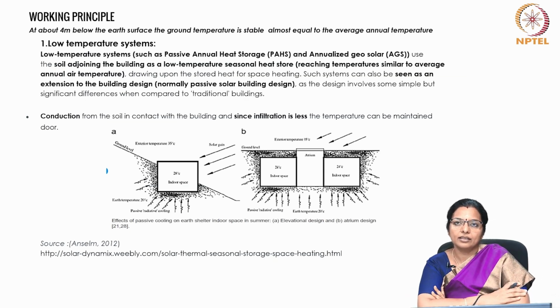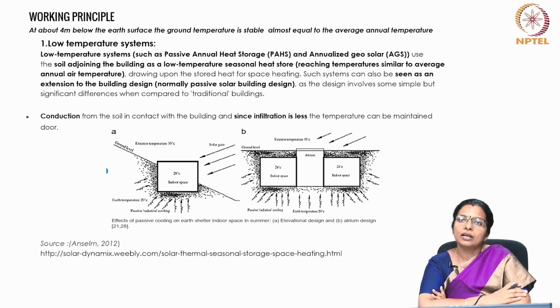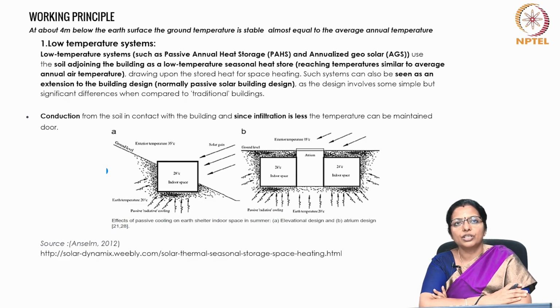Let us look at the working principle. At about 4 meters below the earth's surface, the ground temperature is fairly stable throughout the year and it equals the annual average temperature of that place.